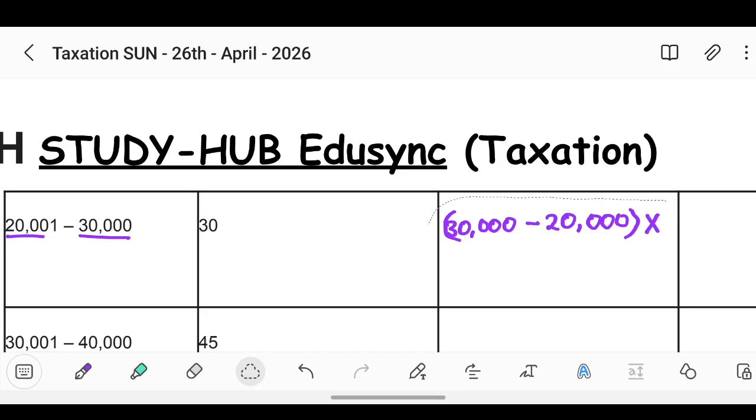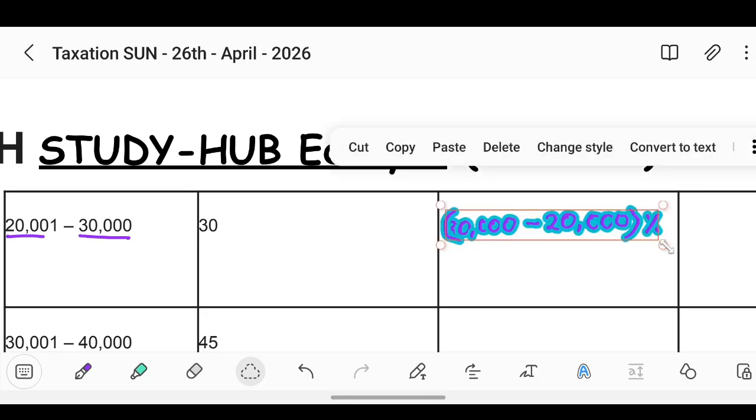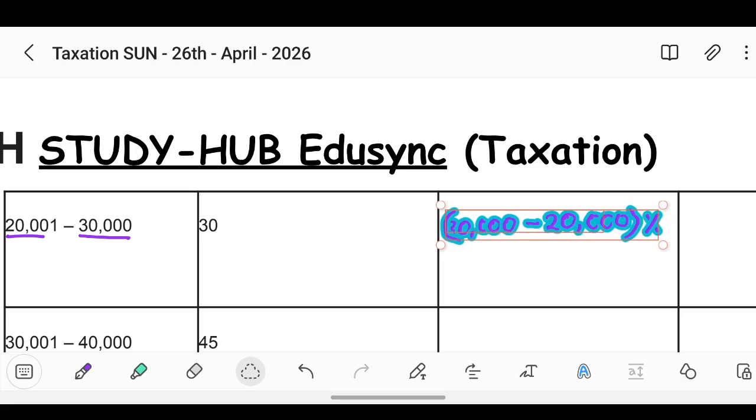So it's 30 minus 20 times 30 out of 100. And what do we get? We get 3,000 as the tax.